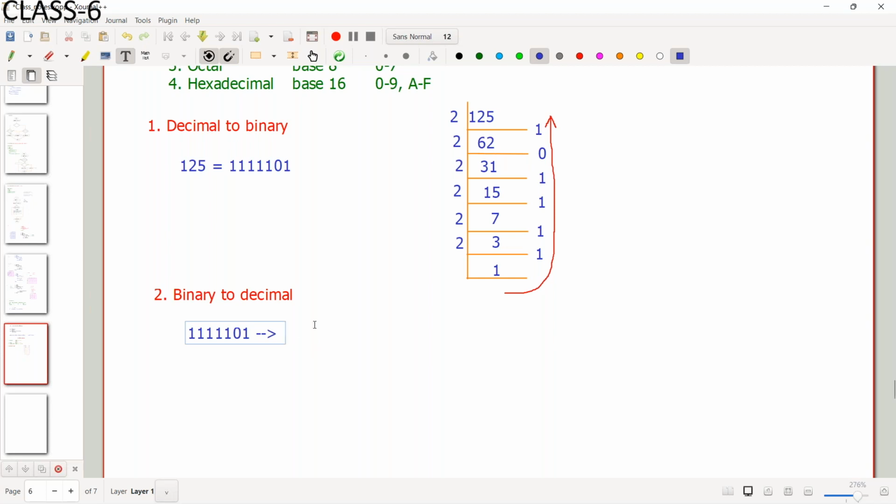So with what should we multiply? These binary digits are known as bits. This bit has the index 0, the first bit. Starting from the right-hand side, you count 0, 1, 2, 3, 4, like that.